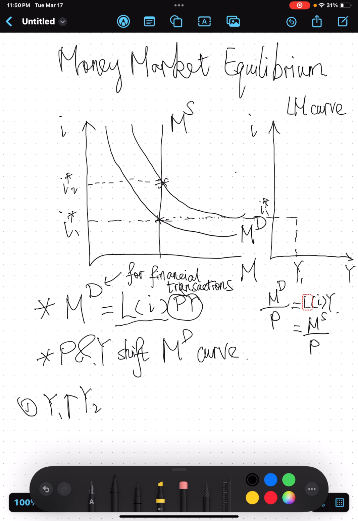When we expand our real income to Y2, we have this new equilibrium money market interest rate that rose to the i2 level. Connecting this line, we have the relationship between the real income and the interest rate in the money market. So hopefully this explains clearly.